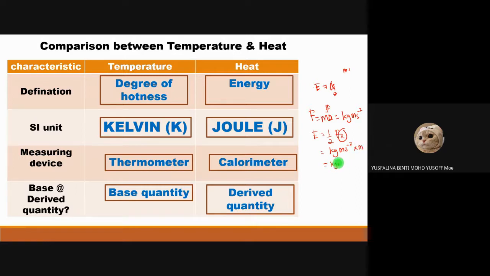So you will get kg m square s negative 2. Okay, so this is the derived quantity. It consists of more than one base quantity. You can see there are three units here, so this is a derived quantity.